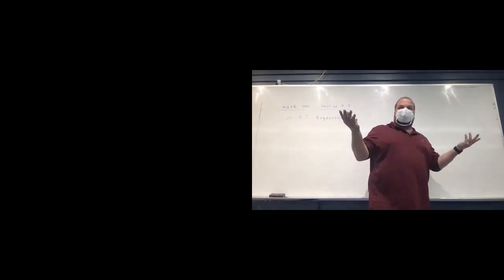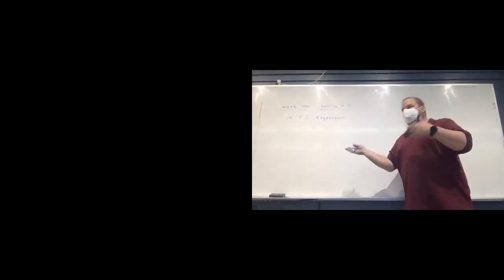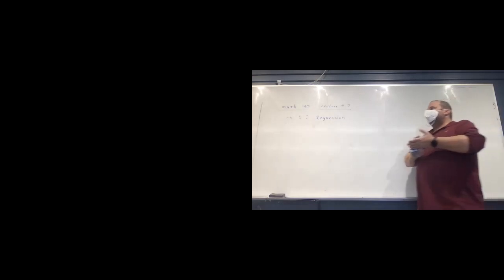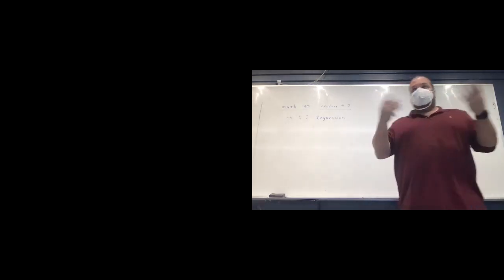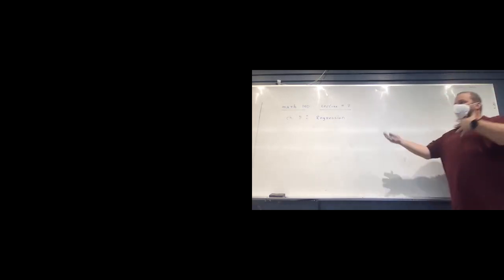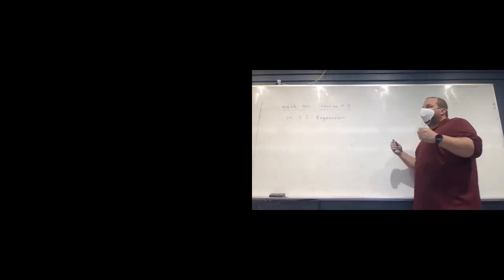So let's recap what's going to be covered in the first test, chapters 1 through 5, obviously. 1, visual displays, pie charts, bar graphs, that kind of thing. 2 was measures of center and spread. 3 was the normal distribution and all its applications. 4 was on correlation, and 5 is on regression.